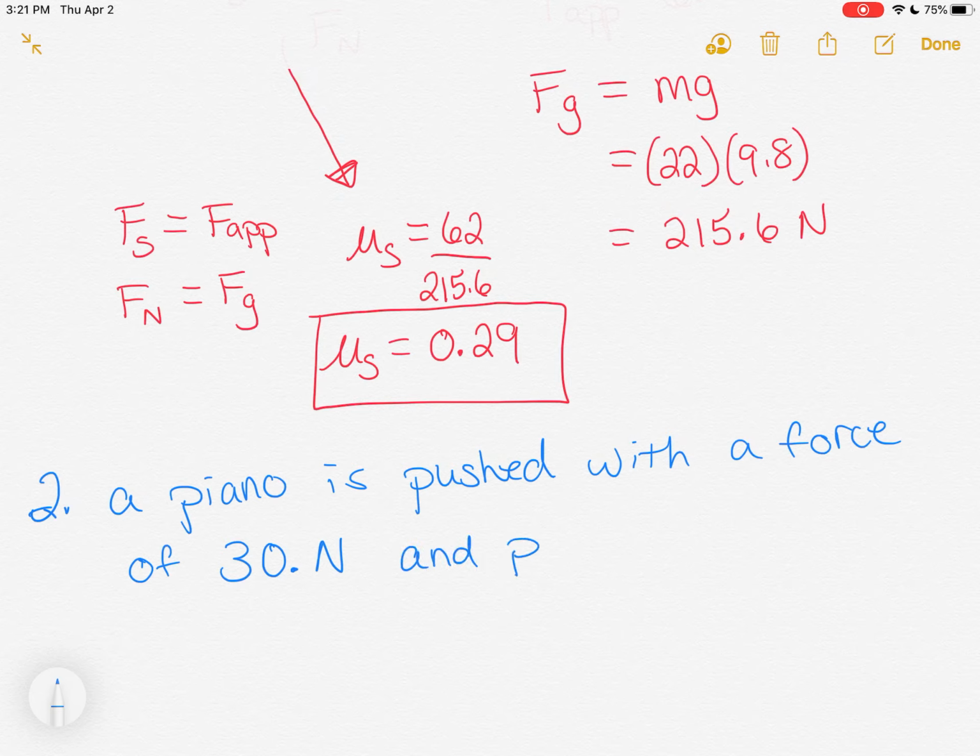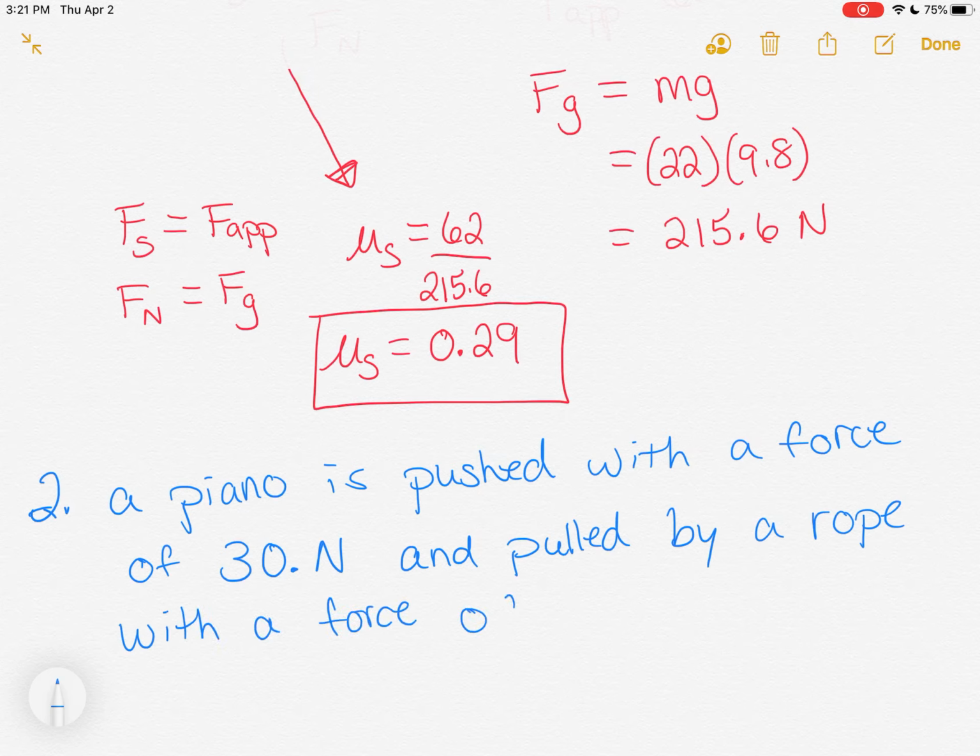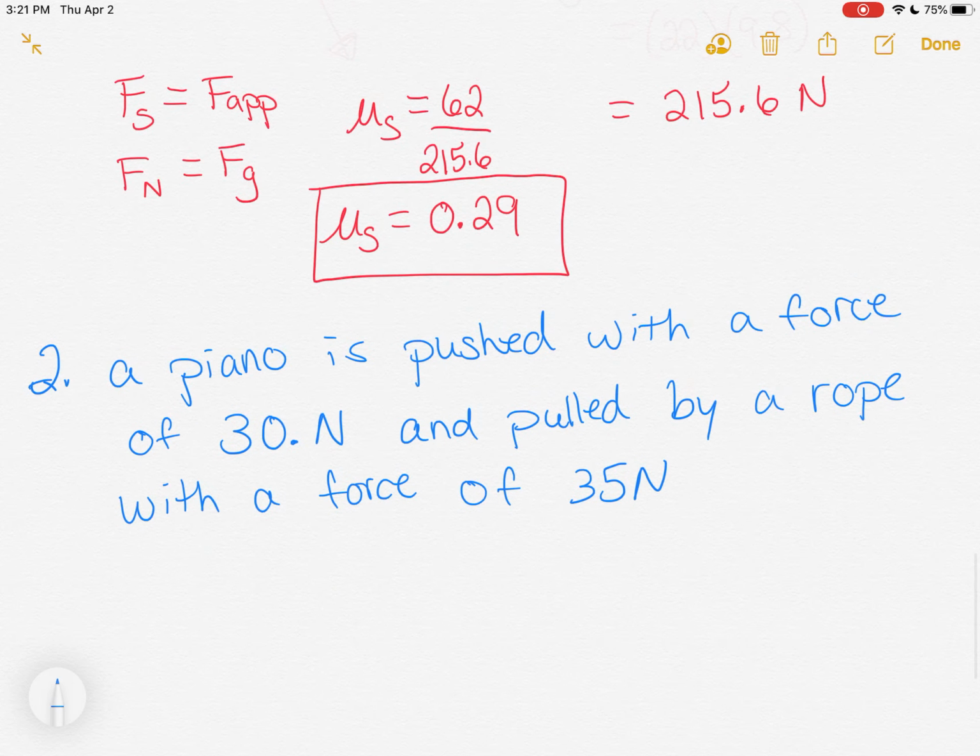And pulled by a rope with a force of 35 newtons. So we're pushing and pulling this piano. And it just starts to move.